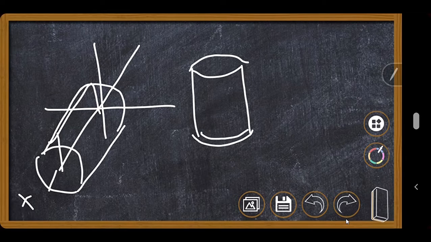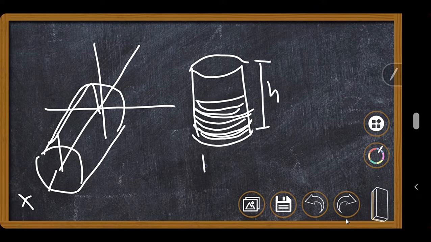For example, right here we have a lot of areas. Imagine areas of circles stacked in height of h. Then this is our area pi r squared. When these areas are stacked in a height of h, we have our volume pi r squared times height.